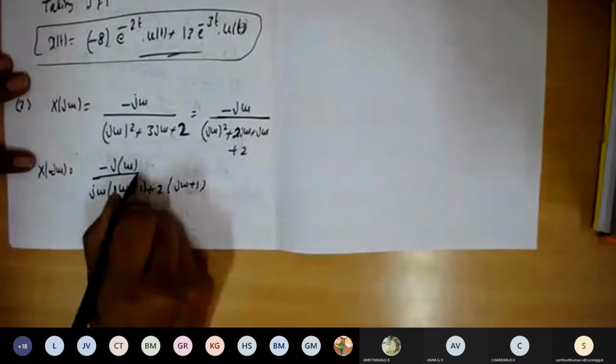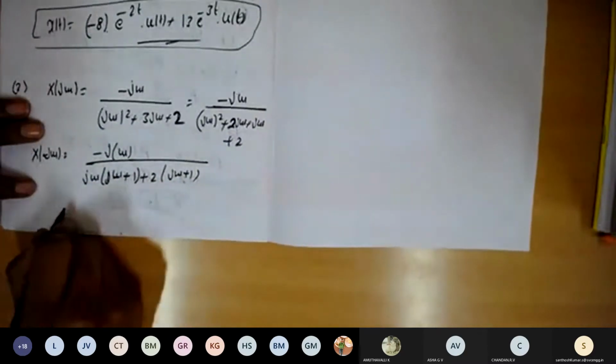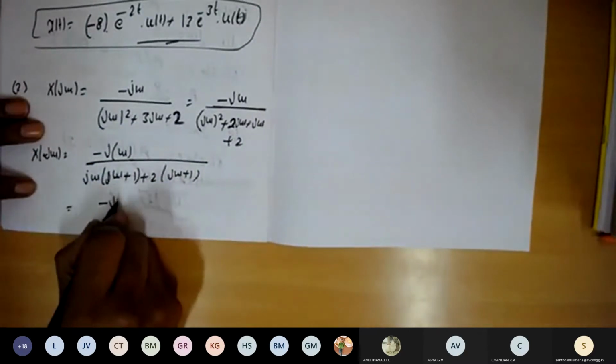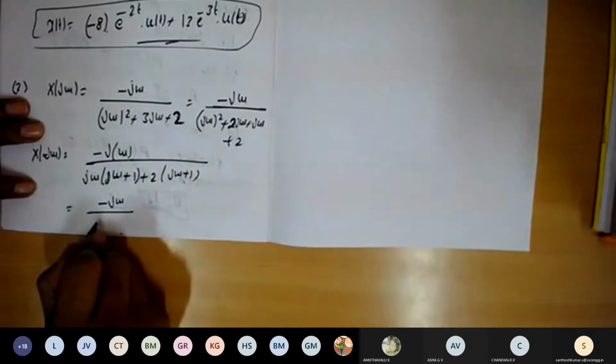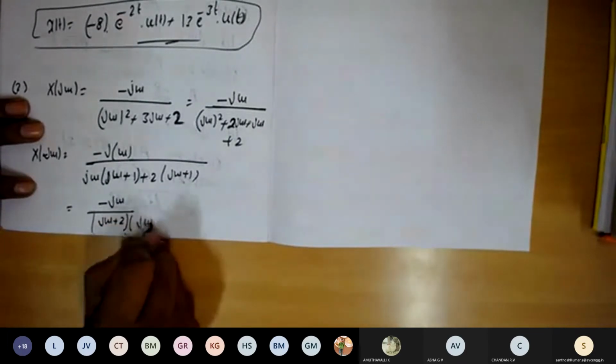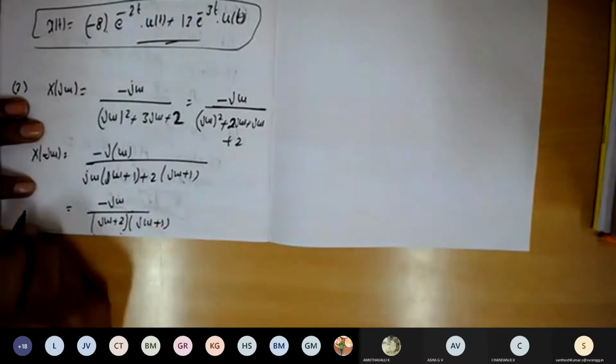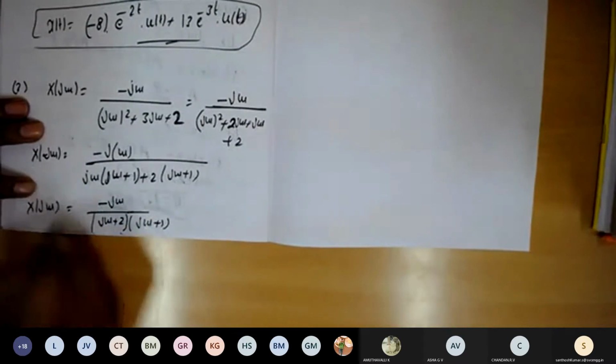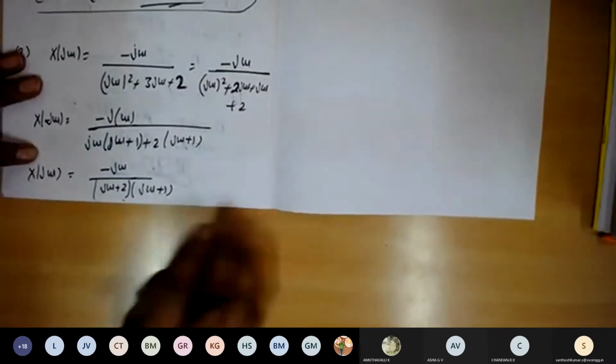So this is nothing but minus j omega divided by j omega plus 2 into j omega plus 1. We can factorize like this.